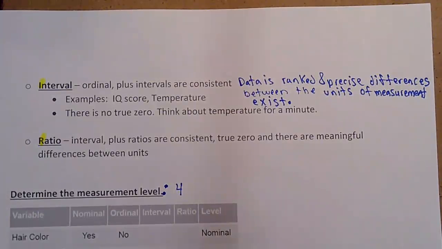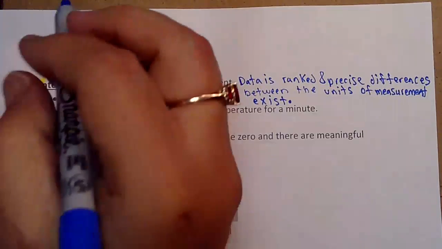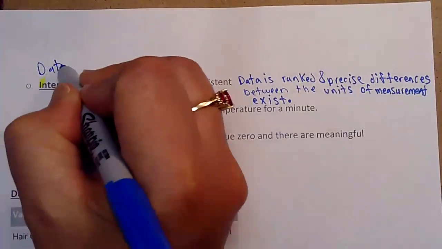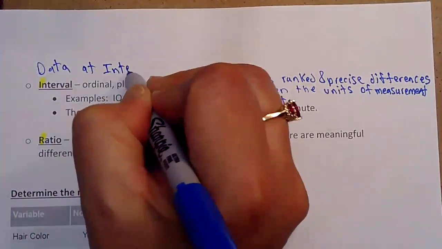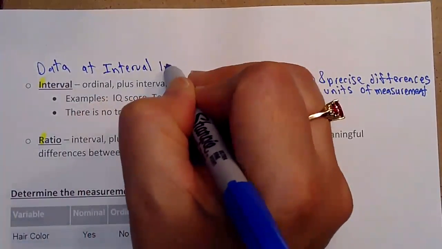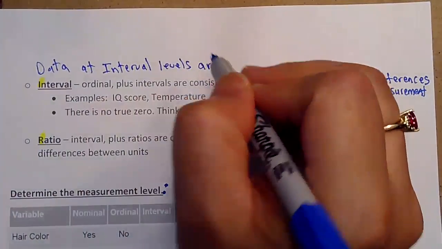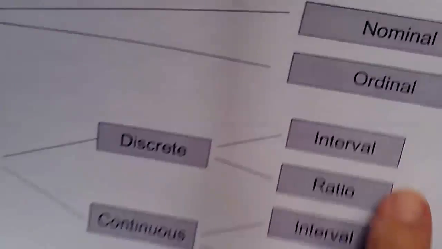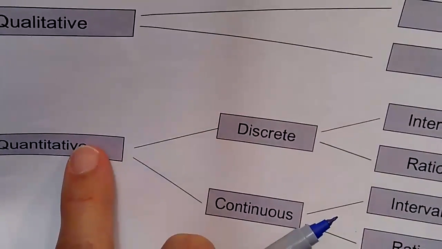I had data at nominal level or qualitative. Okay, so I could say data at interval levels are quantitative.